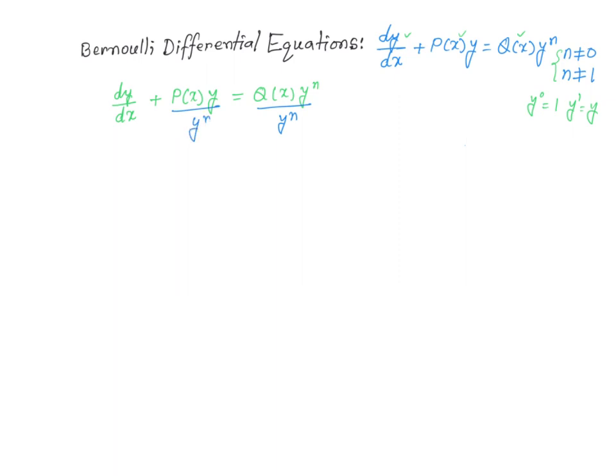And that gives me 1 over y to the power n dy over dx plus p of x times y to the power 1 minus n, since y divided by y to the power n is y to the power 1 minus n, is equal to q of x. And this cancels out.